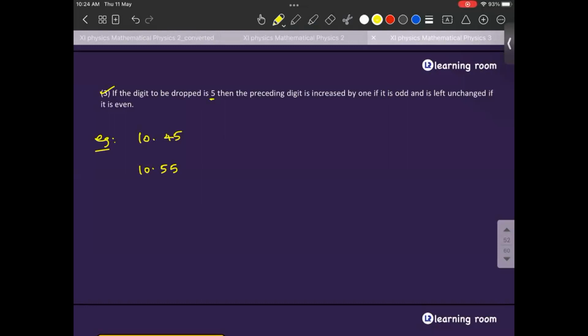I'm saying report the answer to 3 significant figures, so you're going to drop the last digit. In both cases, the last digit is 5. So how am I supposed to report the answer? In the first, the preceding number is even, so it is left unchanged: 10.4. Whereas in the second, the preceding number is odd, so it is increased by 1. That will be the answer.